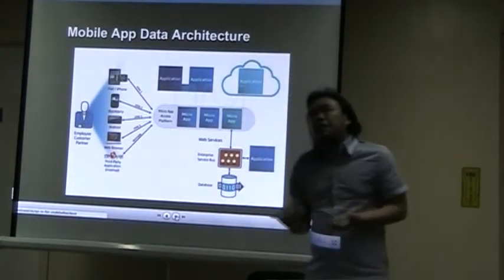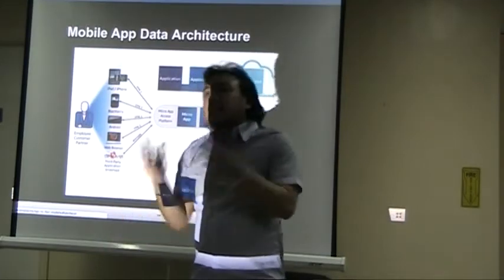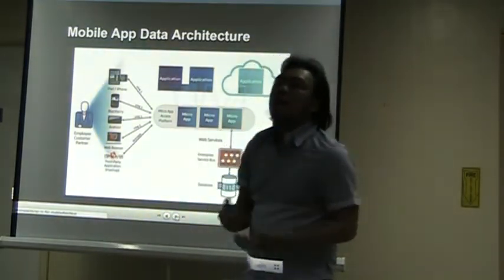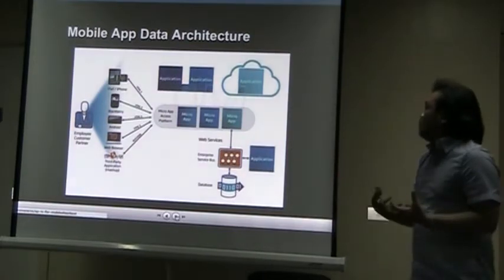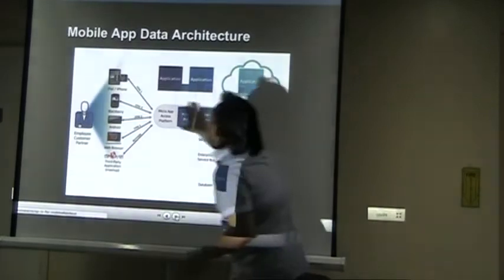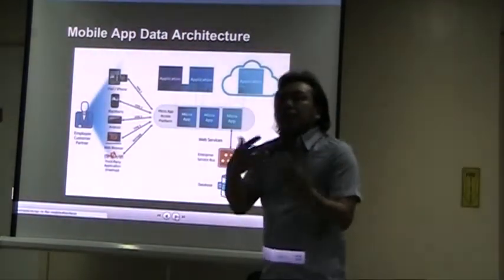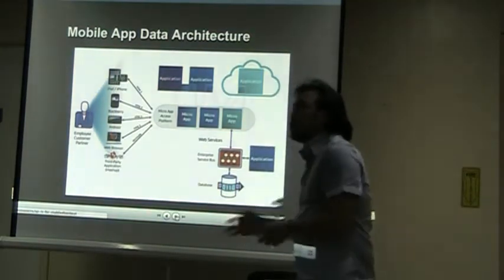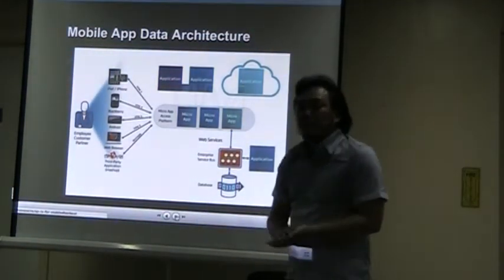If you're a web developer, it should be pretty easy to transition into being a mobile developer. But the main focus of my talk today is this part: how to effectively build the server part to support your mobile app, using, of course, the Ruby technologies that we love.